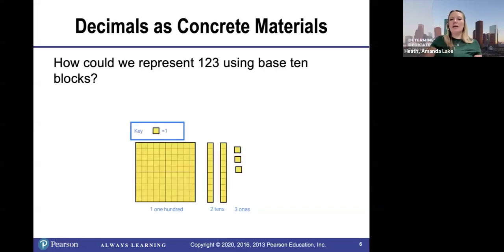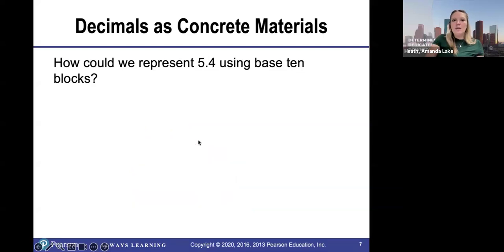If we go back to the key we used in the previous example, the small block equaling 1 is going to create problems when we try to represent 5.4.